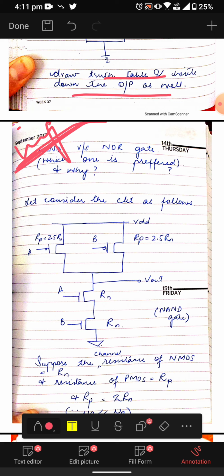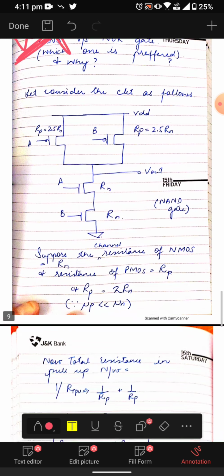Why? Because they are both universal gates. I can get any gate using a NAND gate, and I can obtain any gate using a NOR gate, because of them being universal gates. So which one will I prefer? Will I prefer the NAND gate or the NOR gate? That is something we need to understand, and that is something we are now studying.